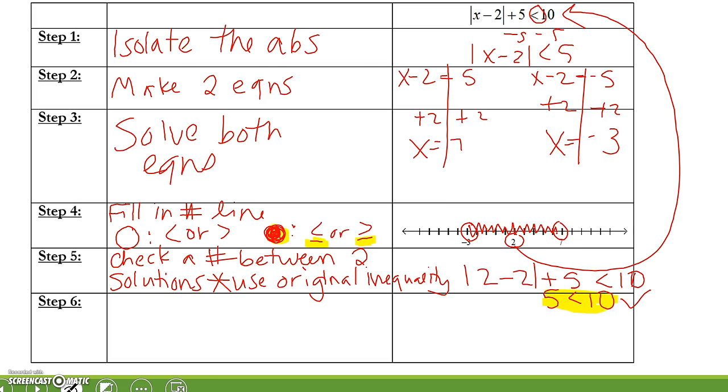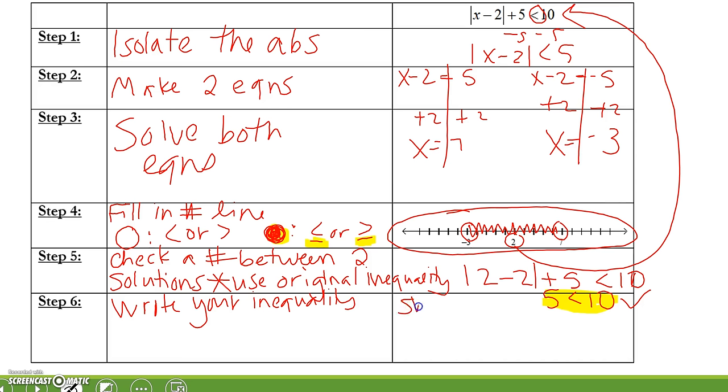The last step is you write your inequality answer. So the number line is half your points, and then writing your inequality is the other half. So this is how you write it if it's shaded in between the two dots.